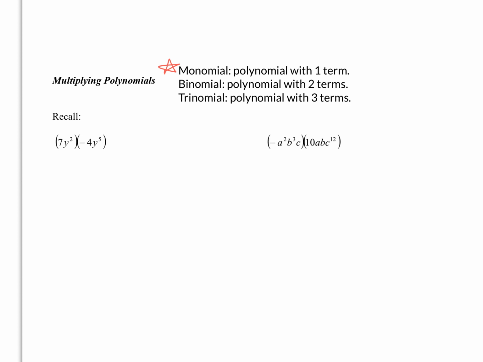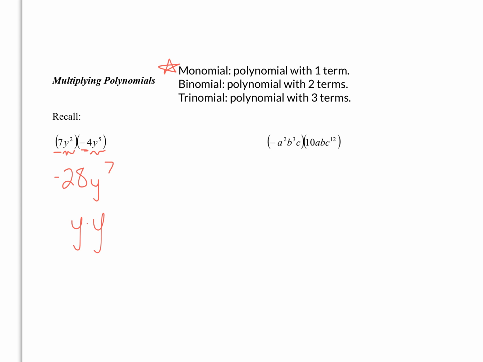When we do that, we're going to go ahead and multiply the numbers first. 7 times negative 4 is negative 28. And then y squared times y to the 5th gives me y to the 7th. One way you can think of that is if I have y squared, that's y times y.